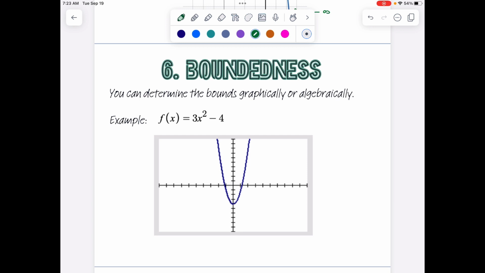I'm not asking you where it's bounded other than that it's bounded below. There's like an invisible force field down here saying thou shalt not pass. You cannot go below this point. So there's no y values that exist below a specific value.